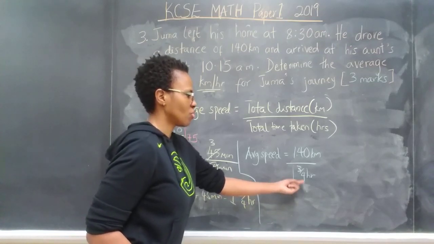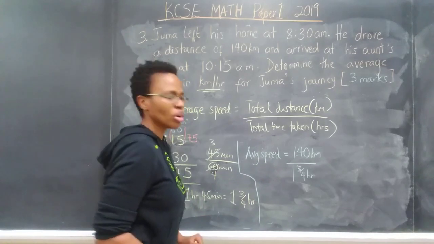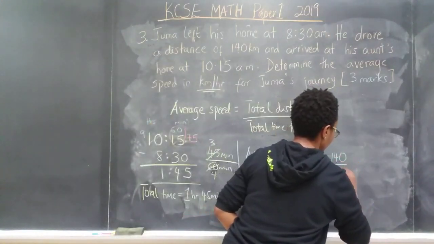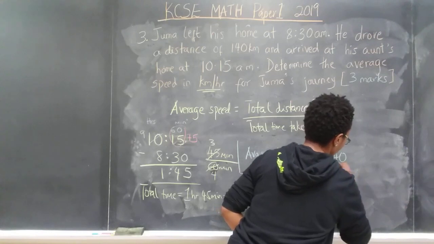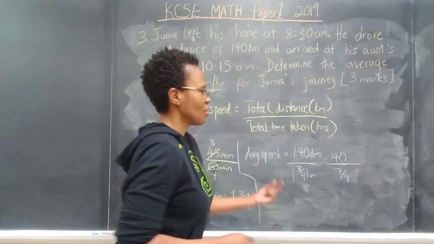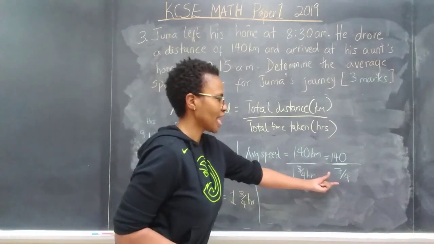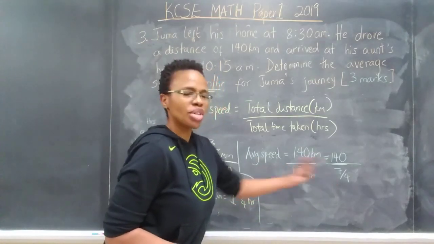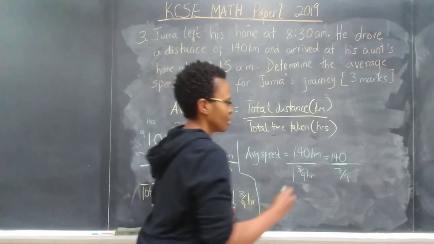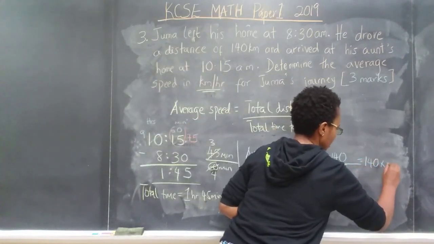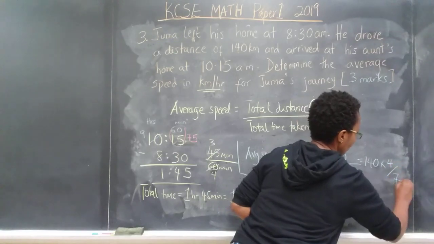So 1 times 4 is 4, 4 plus 3 is 7, 7 over 4. So that's 140 divided by 7 over 4. And then we know that when we divide by a fraction, you can rearrange it and multiply. So this expression becomes 140 times 4 over 7.